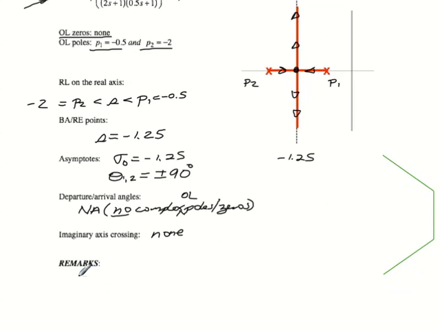So the comments that we have just based on the root locus itself is that proportional control effectively adds stiffness. This is what we've seen before on some other examples.